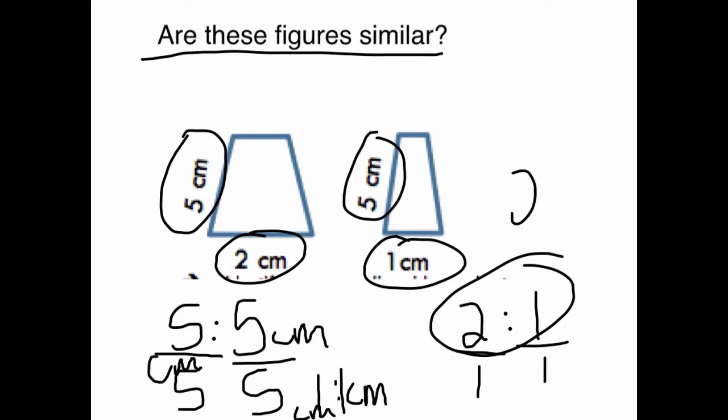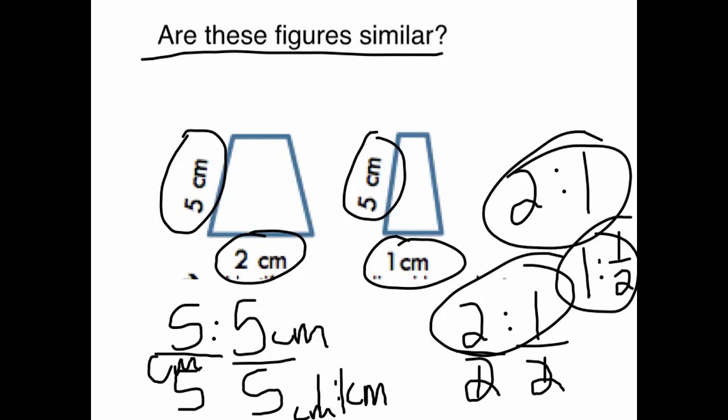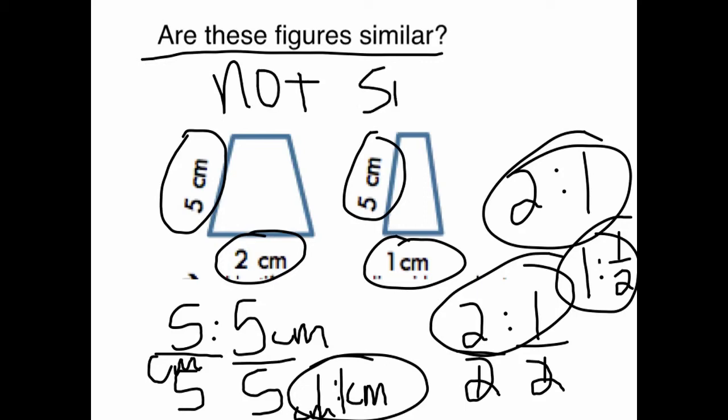If I divide by 1, I'm going to be left with 2:1. If I were to divide by 2, I would come out with 1:1/2. And since neither one of these ratios matches our other ratio, these figures are not similar. Not similar. So again, you're looking for ratios that can come out to be the same thing.